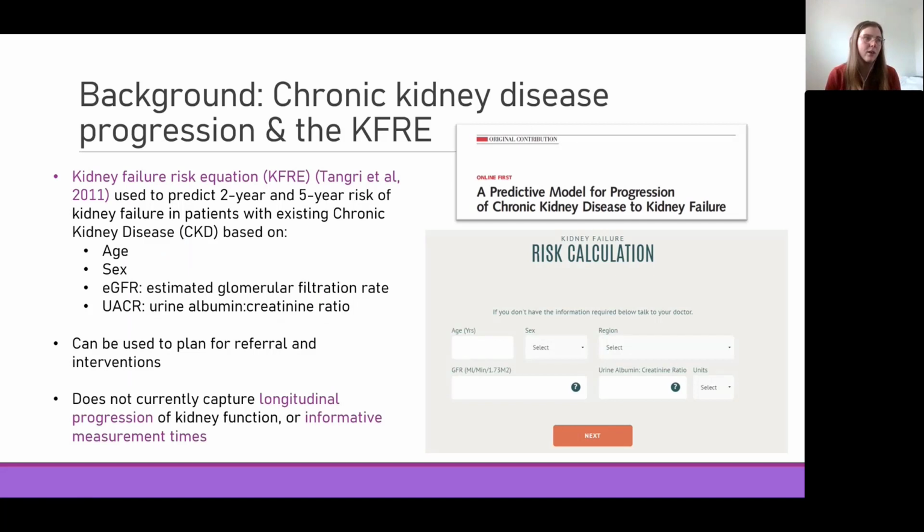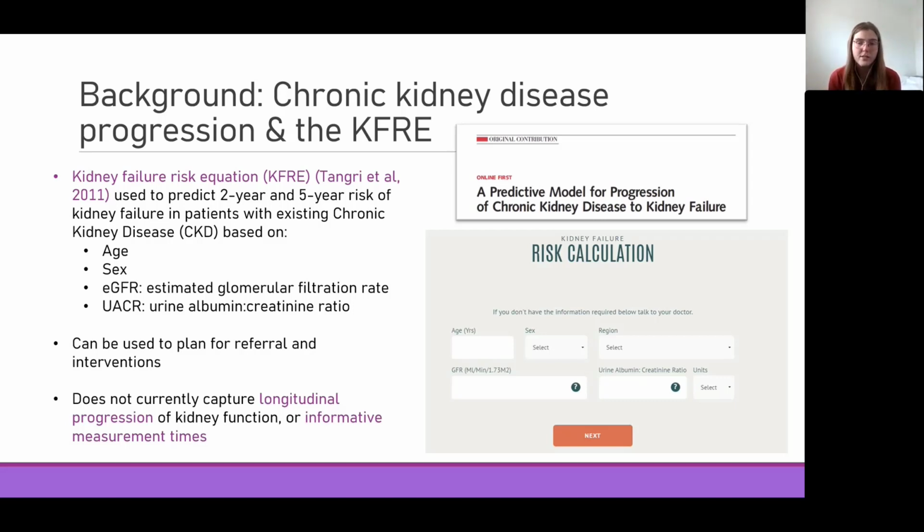So a nice example of a well-used, well-validated clinical prediction model is the kidney failure risk equation. This is a model that has been developed to predict 2- and 5-year risk of kidney failure within patients with existing chronic kidney disease. It's been validated in numerous global populations, and it's my understanding that it is quite well used in clinical practice as well. The main form of it is relatively straightforward.